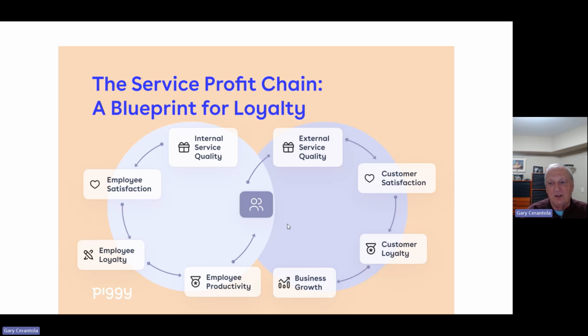So let's just take a look on the employee side. You take some of your resources and you put it into your employees to train them better, to make them feel better, to help them do their job better, help them understand why they're there and make them feel part of a shared vision. Well, that increases your internal service quality.